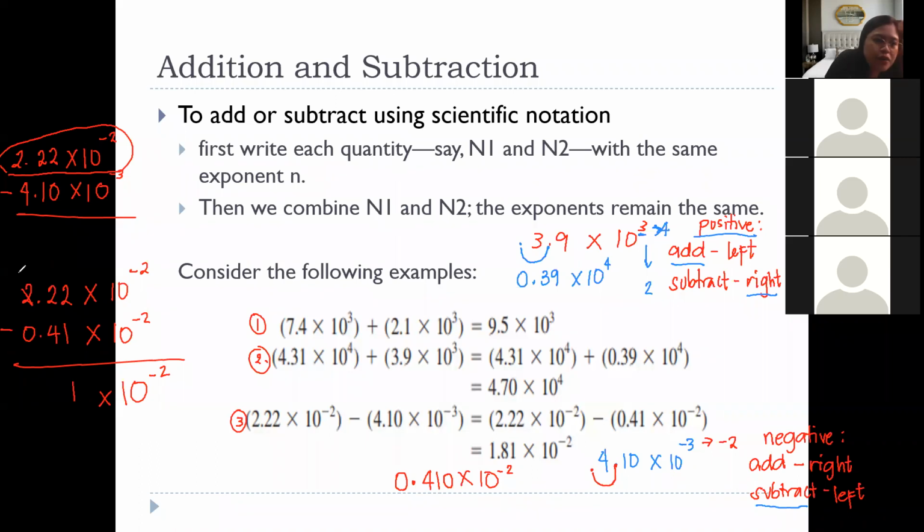So this becomes 1. This becomes 12 here. So 12 minus 4 is 8. And then 1 minus 0 is 1. So this is now the final answer. 1.81 times 10 raised to the power of negative 2.